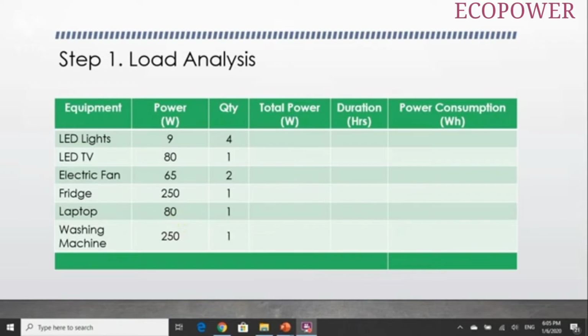For example, we have 4 LED lights, 1 LED TV, 2 fans, 1 fridge, 1 laptop, and 1 washing machine. Then the next step is to multiply the unit power by the quantity to get the total power consumption for each type of equipment.